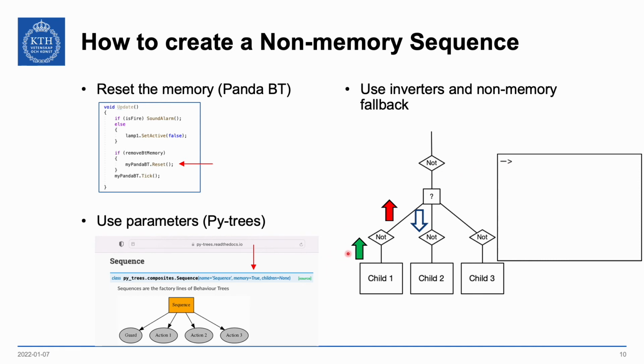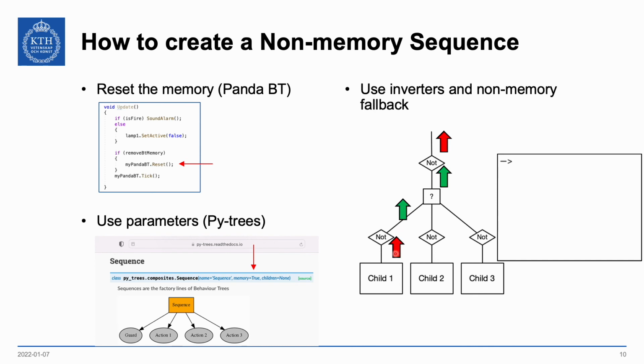Imagine this is a non-memory sequence. If you have success from your first child, then you tick the next. That's what you want the sequence to do. In the other case, if you have failure from your first child, then you want the sequence to also return failure. So the failure is inverted to a success. The fallback is happy with just one success from any child, so given a success here, the fallback is going to return success, and then the inverter is going to invert that to a failure.